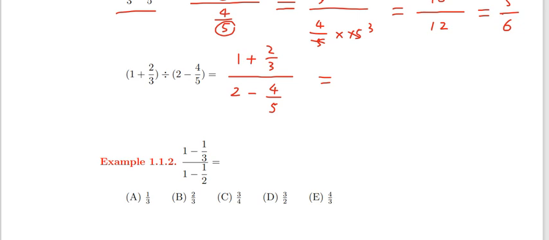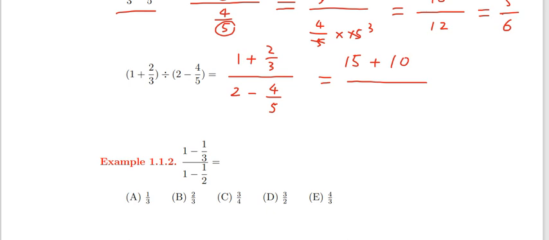So here we don't like this 3, we don't like this 5. So we just multiply by 15 to get rid of them. So we multiply 15 to each number. So this 1 minus 15, 15. And 2 over 3 multiply 15 is 10.